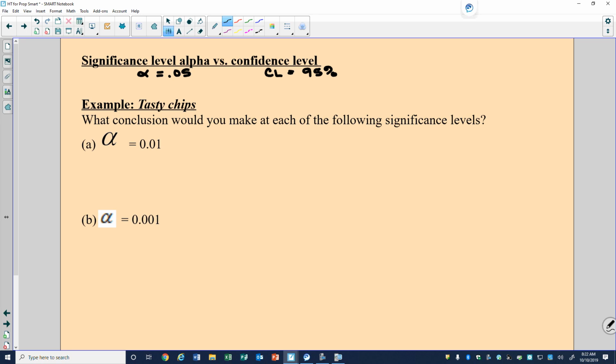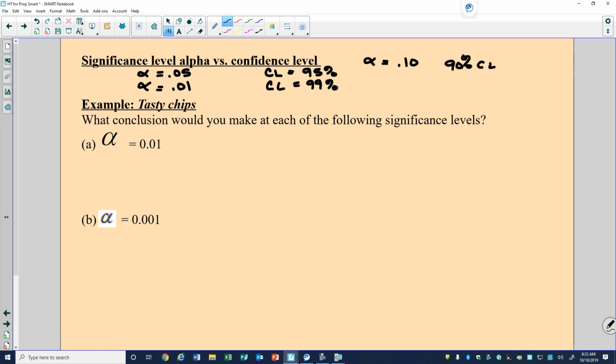That alpha level can change based on how confident you want to be in your answer. So if you wanted to be 99% confident instead, then that alpha level would change to 0.01. If you wanted to be 90% confident in your answer, then that alpha level would change to 0.1 or 10%.